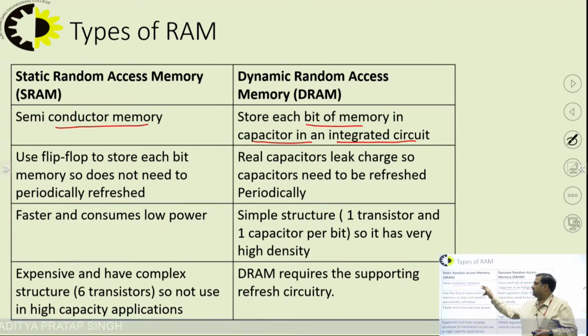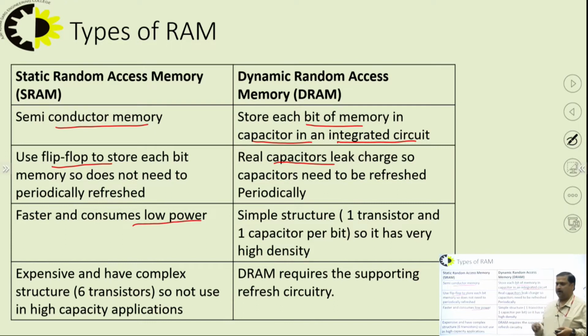And static RAM is made up of semiconductor memory. It uses flip-flops to store each bit, so it does not need to be periodically refreshed, whereas capacitors leak charge, so they need to be periodically refreshed. Static RAM is faster and consumes low power, whereas dynamic RAM is slower in comparison and takes more power because the capacitors need to be refreshed very frequently.